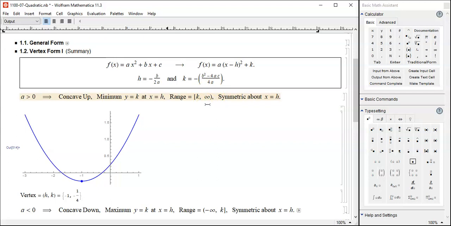And finally, symmetric about x equals h. Draw a vertical line here, and we have the symmetry. Left and right are the same. Now, it all boils down to one observation. In this vertex form, we have this h and k, and is this h comma k really the vertex right here?